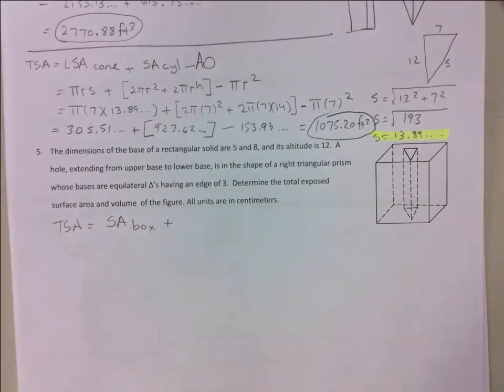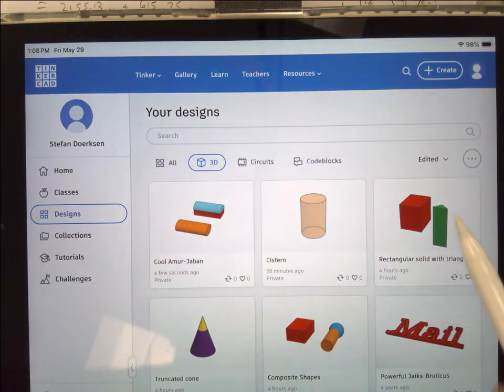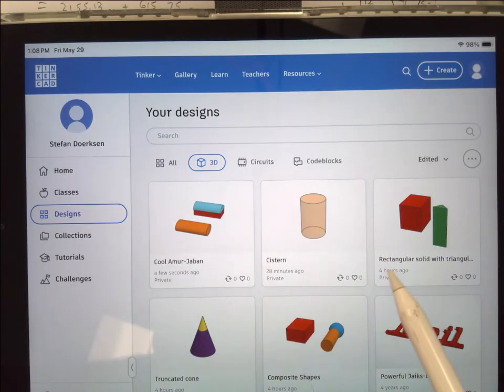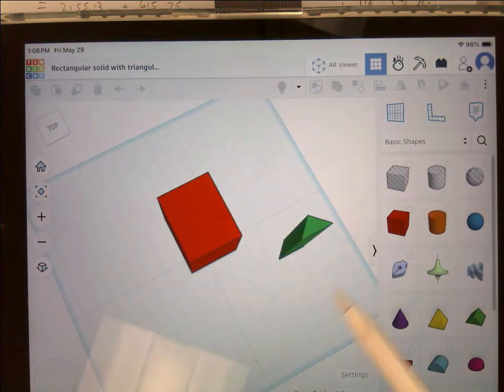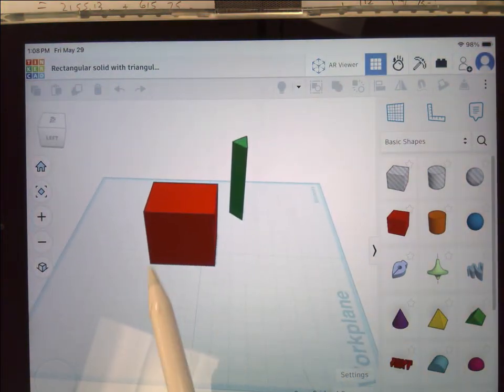Because I did the work, I'm going to actually show you whether you like it or not. Almost dropped the whole thing. Oh yeah, here, this one. I just wanted to show you how the hole is created, right? So at first you just have a box, right?